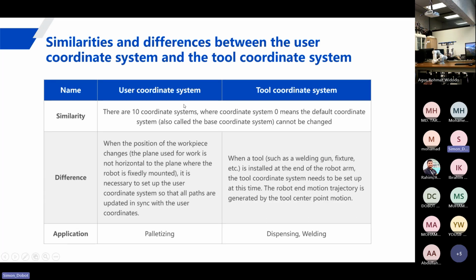Okay, the difference between the user coordinate system and the tool coordinate system in our software. For our CR series, you can build 10 different coordinate systems, for both user and tool.